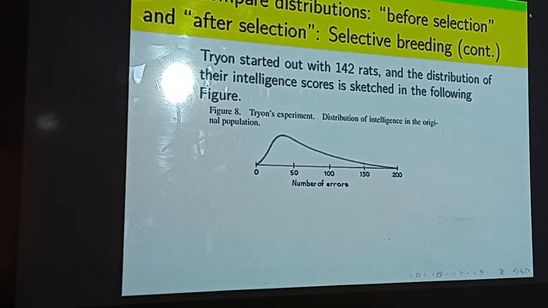So the error is not defined, right? No, error means if, for example, the rat goes to the target, then there is no error, otherwise there is error. I think the rat can change his path if he went wrong, maybe it's counted like that. Otherwise, I don't know.